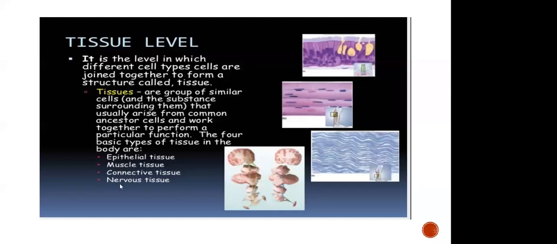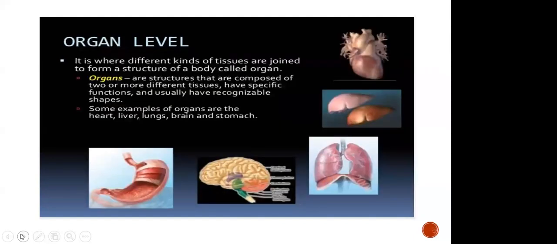We discussed 4 examples of tissues here. And after tissues, what is the next level of organization, children? Organ level. Tissues are grouped to form organs of the living organism. Let us see the next level of organization. Organ level.